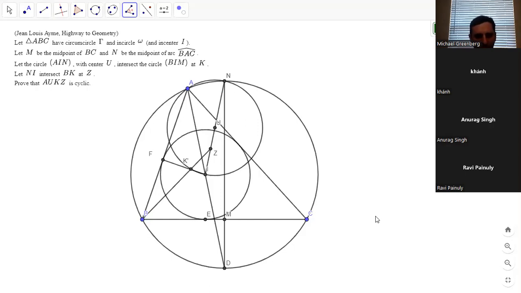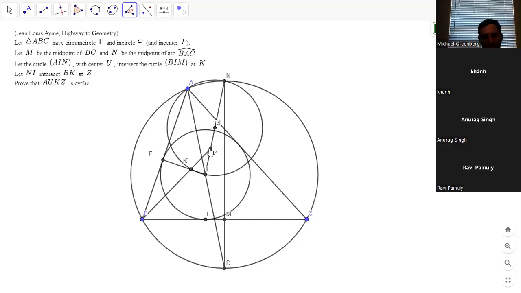Let me think through this again. So we want 90 minus this angle, which is this angle minus 90, which is this angle, ANI. So we want to show that ANI... oh.